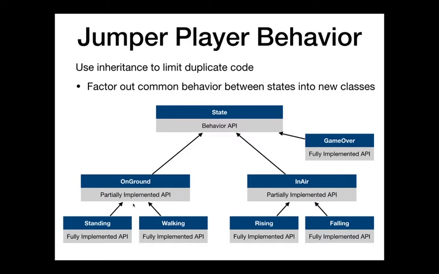If we want to add more on the ground states, if we want a running state, a speed running state, a ducking state, we can add all those, extend on ground, and then only implement the functionality that's different in the concrete classes themselves, instead of extending directly from state and implementing all of that behavior in every one of these classes. Same thing on the other side, rising and falling have a lot of common functionality. Put all that common functionality in air, and extend in air from these classes.